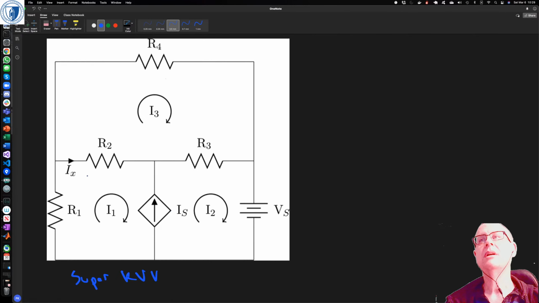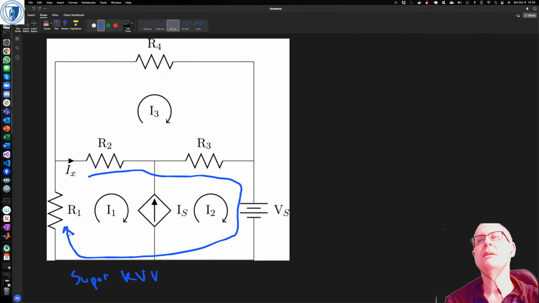So we can just go around this way. Okay, and that's our super KVL. That should be an L, not a V. Let's just erase that. Okay, super KVL.